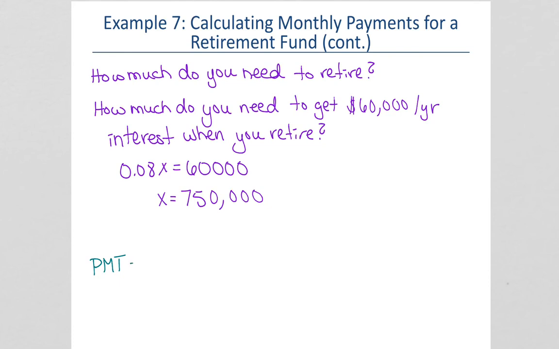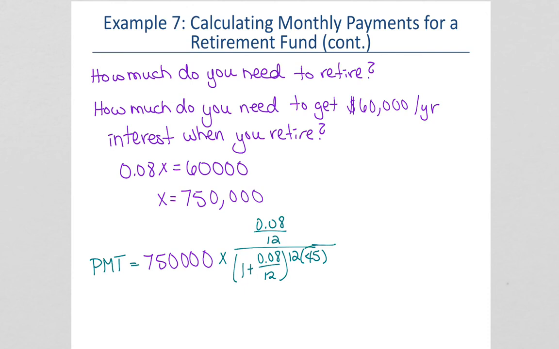So the payment would be how much you're needing, $750,000, times your interest rate of 0.08 divided by 12, divided by 1 plus 0.08 divided by 12, to the 12 times 45 years, minus 1.